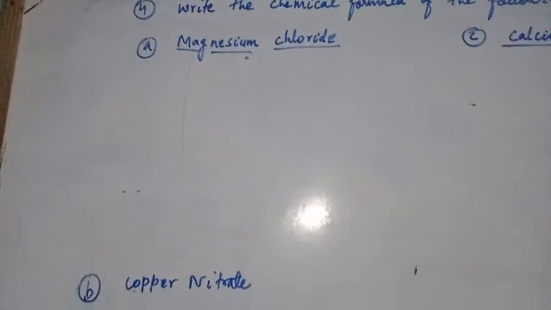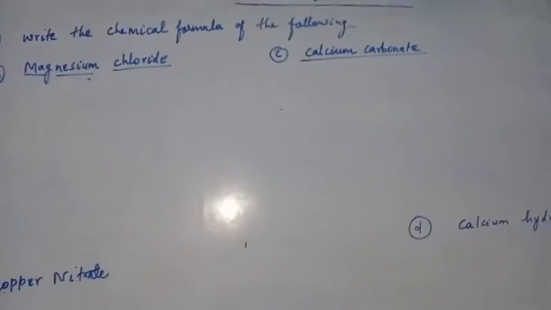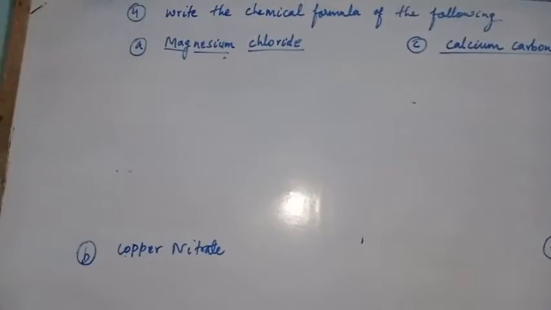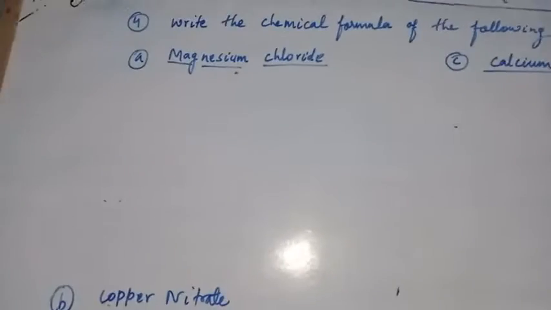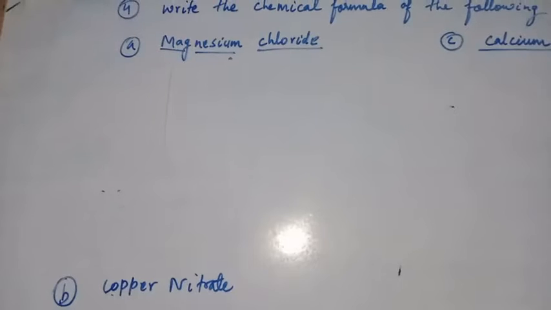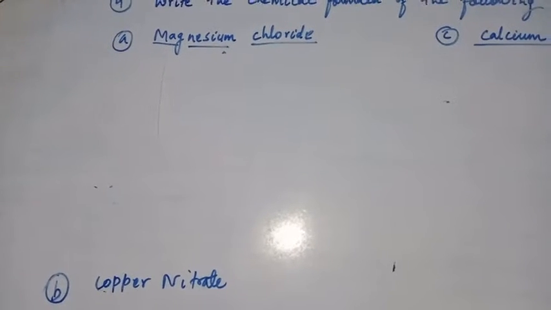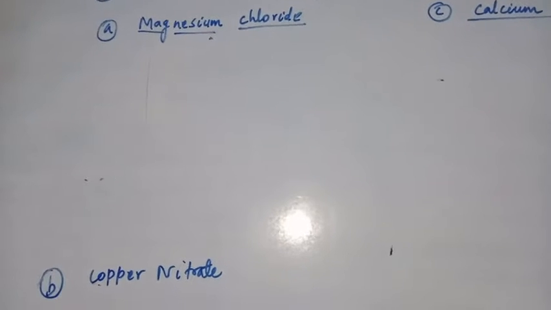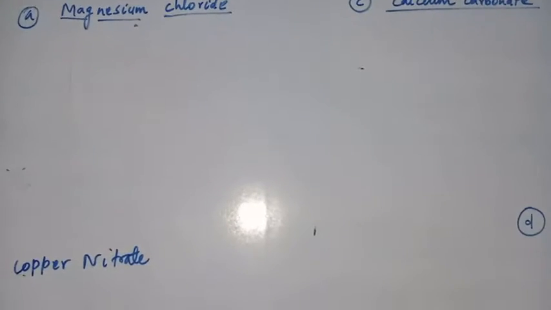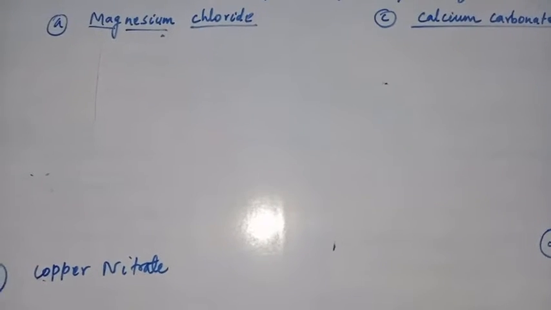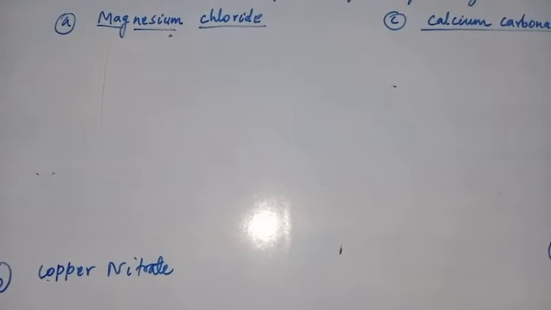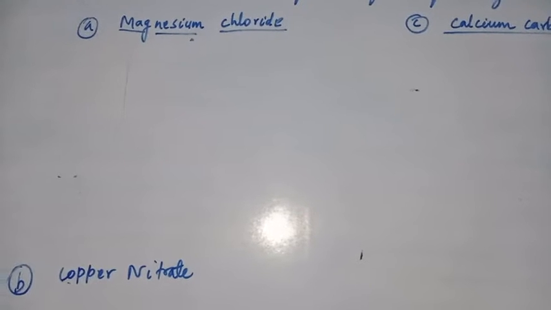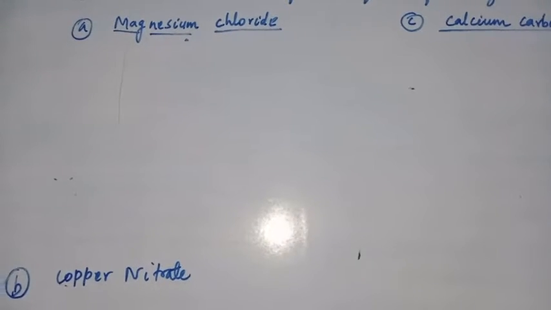Okay, so what are the chemical compounds I have written here? They are all ionic compounds, and you know that the criss-cross method is generally applied for ionic compounds. In this lesson we have predicted the chemical formula of mostly ionic compounds only, except 2 or 3 compounds which are covalent in nature.